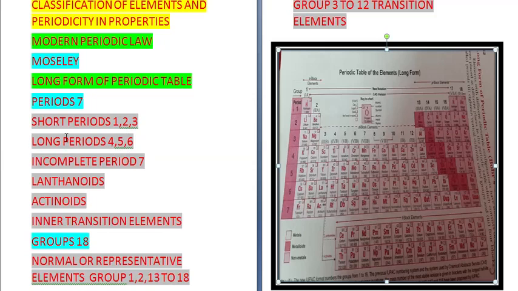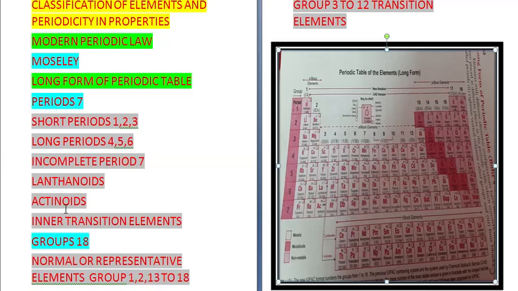Fourth and fifth have 18 elements each, and the sixth period has 32 elements. The seventh period is also a long period, but it is called an incomplete period because it can have 32 elements, but till now all the elements have not been discovered.